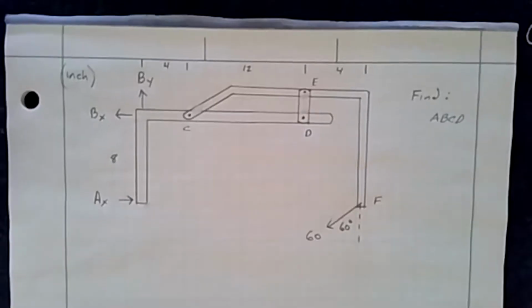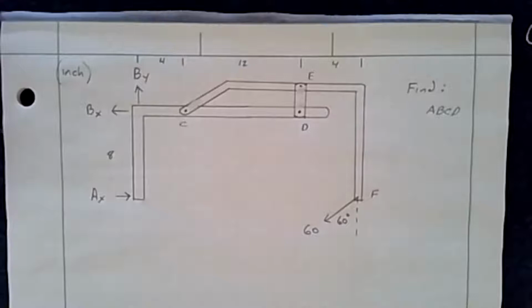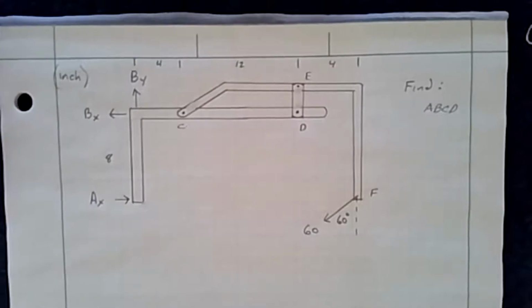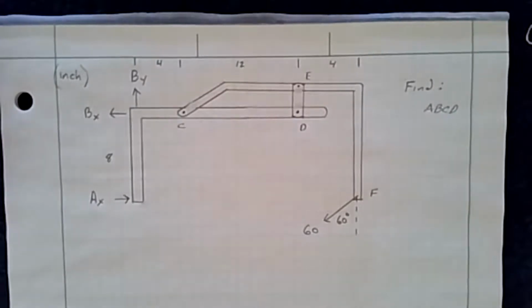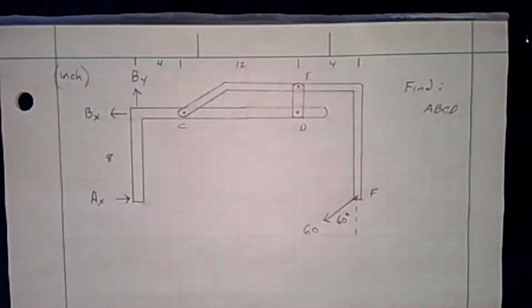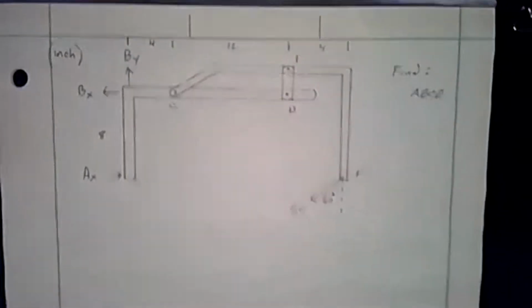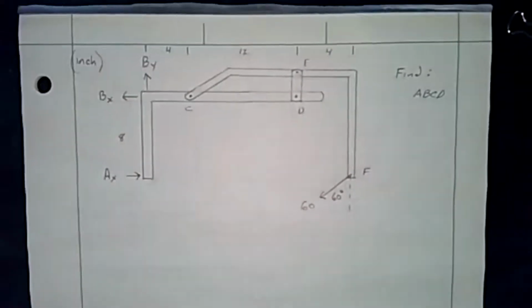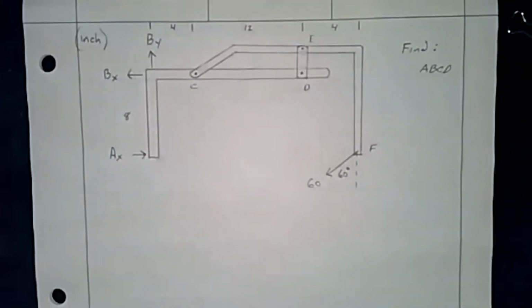So here's our drawing. Again, BX, BY, AX, 60 degrees, and there are our respective distances in inches. We're trying to find A, B, C, D. I apologize, it's a little blurry. This thing isn't cooperating.